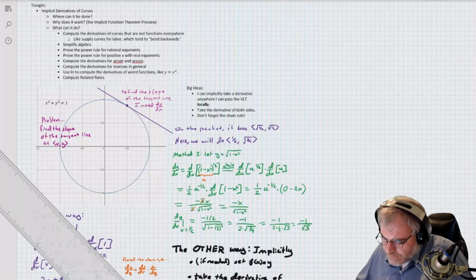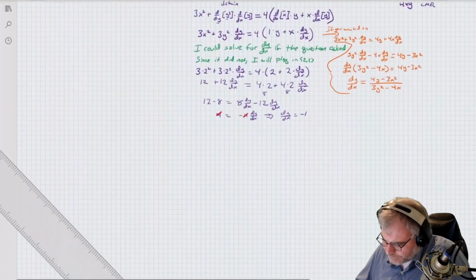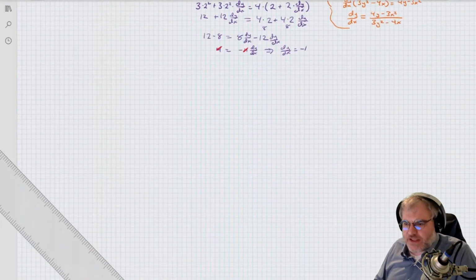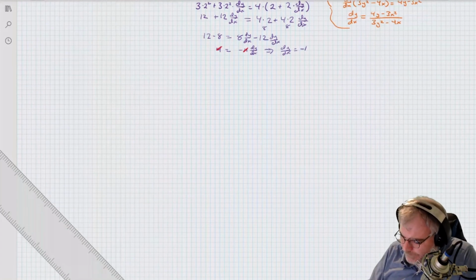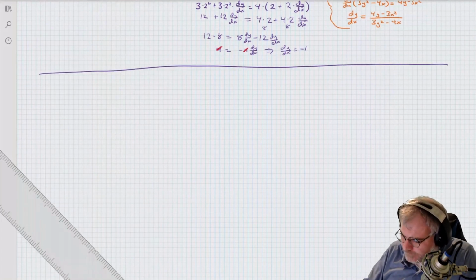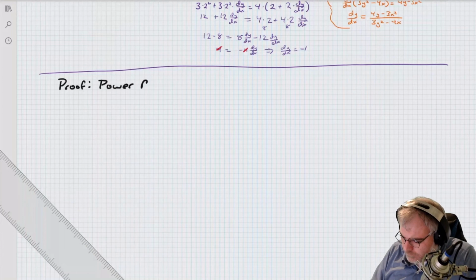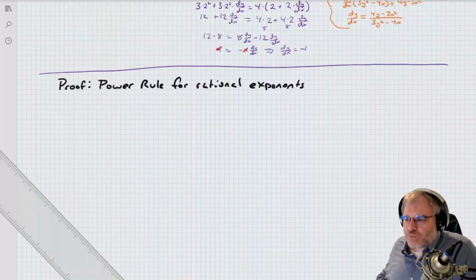So let's do the power rule for rational exponents. So let's prove it. Okay, so this is why it's powerful.